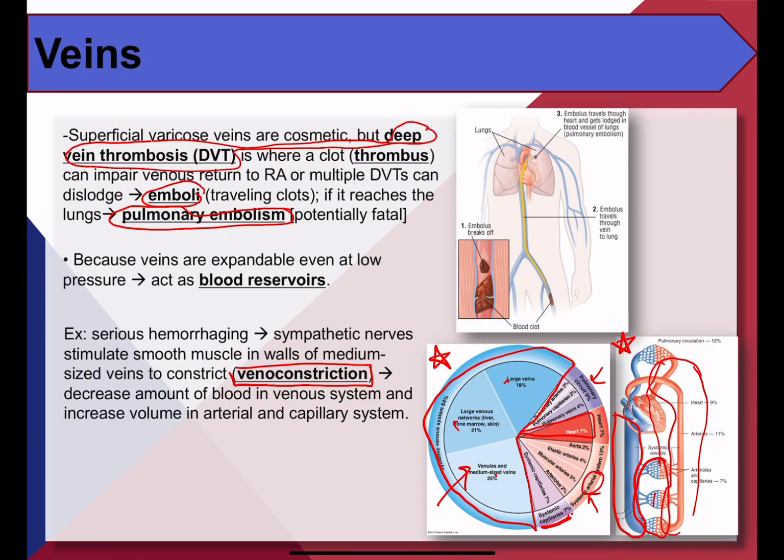Squeeze down on those veins, push all that blood that was in the veins here in this diagram towards the artery section to increase the volume of blood in the arterial and capillary system and keep the individual alive a little longer.